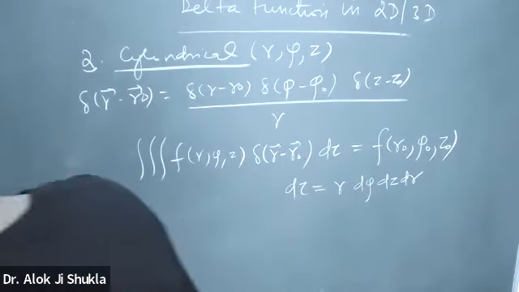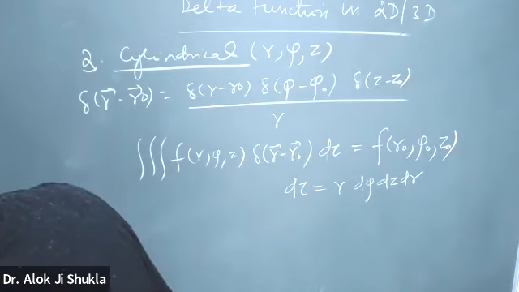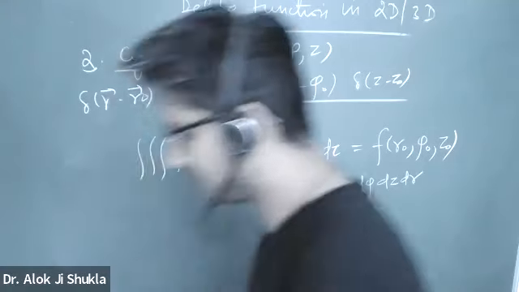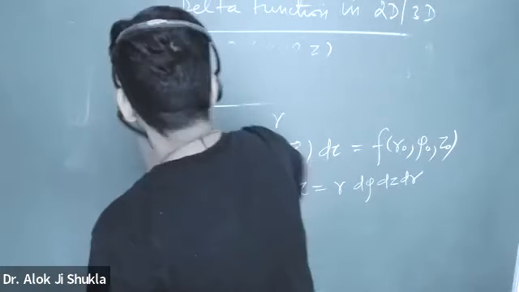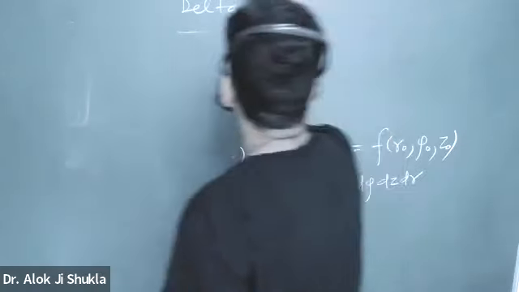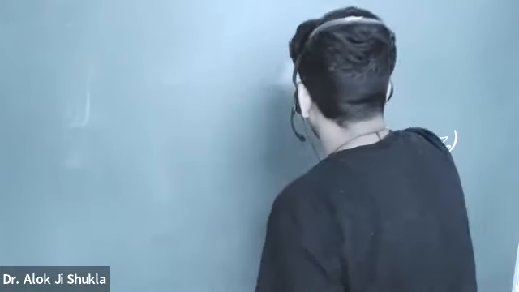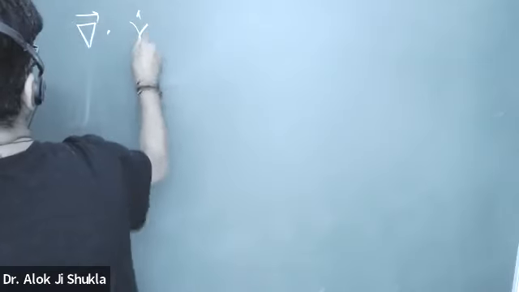So can we do one question? And two more formulae you note down, and then we will do a question, okay? One is what happens to the divergence of r cap by r square.